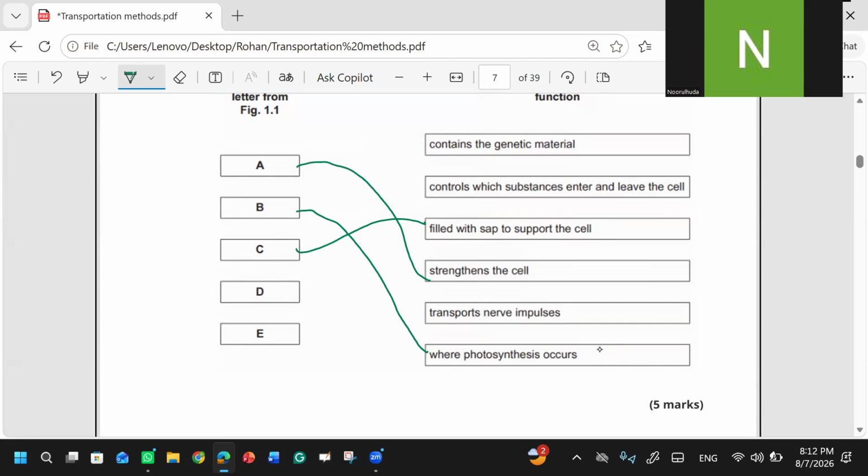But if the vacuole is empty, with less water in it, then we say the leaves are flaccid. So it supports the cell. It is filled with sap, which is a liquid. In the animal cell there is cytoplasm; in the plant cell there is cytoplasm as well, but the sap is a liquid material.